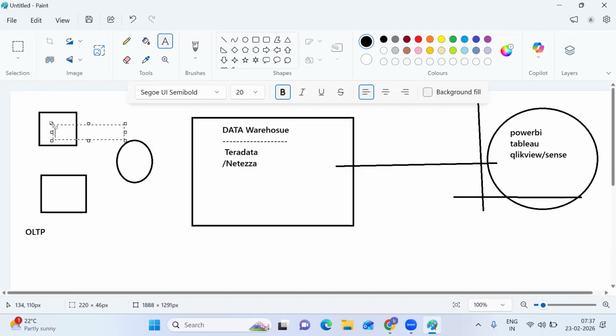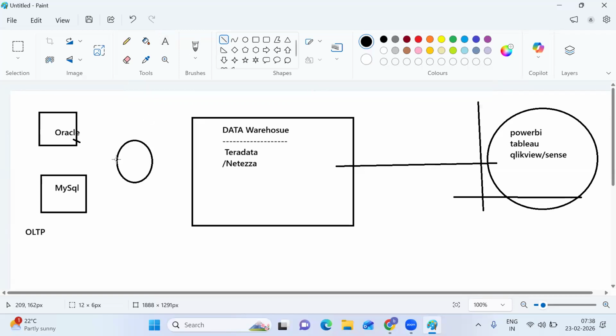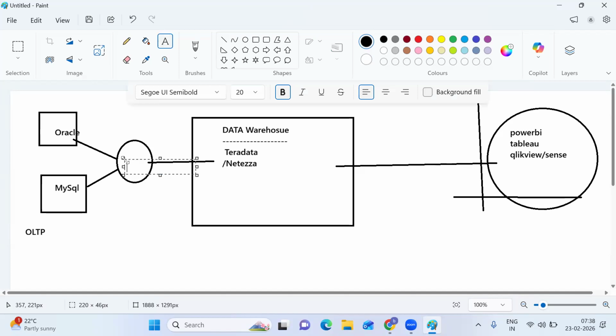Maybe one system is Oracle, another one might be something like MySQL. But to connect with these OLTP systems, bring the data and load it into Teradata or Netezza, here we have ETL systems.